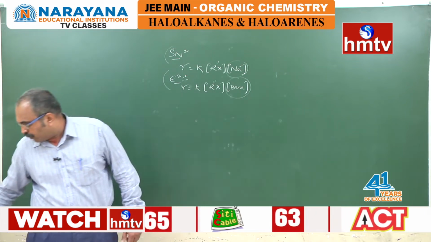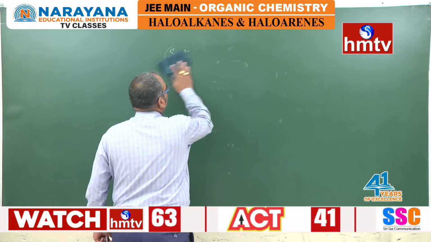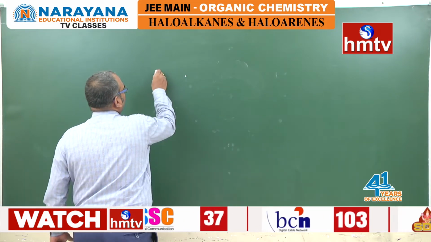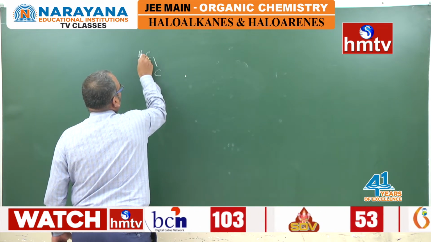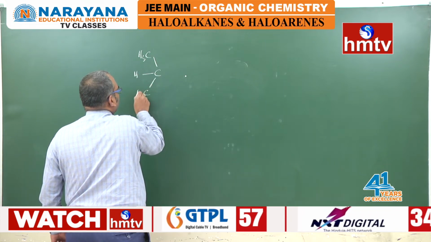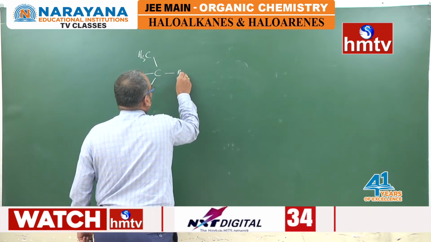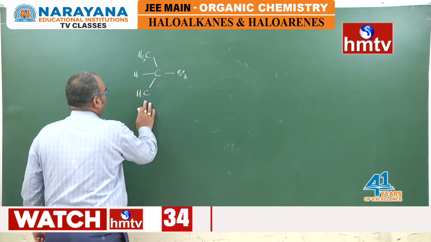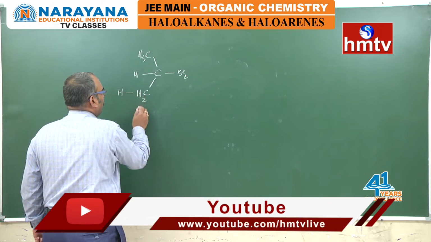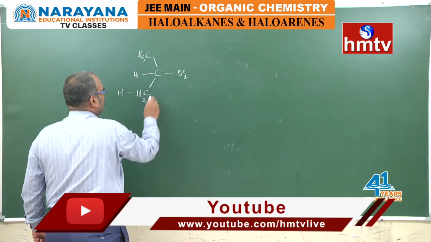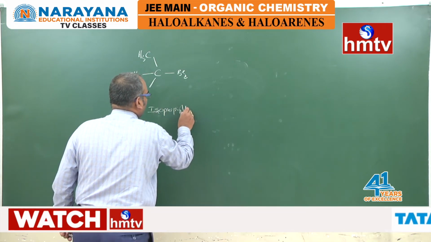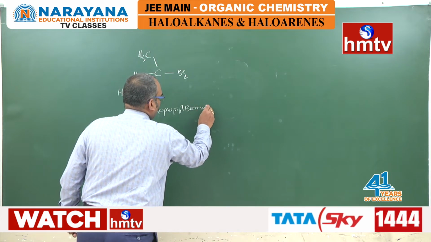I will explain with an example using isopropyl bromide, a secondary alkyl halide. I am writing this as CH3, CHBr, CH3, isopropyl bromide.